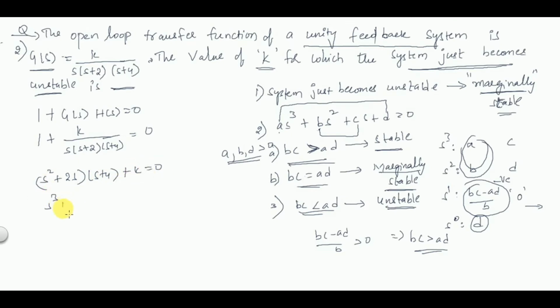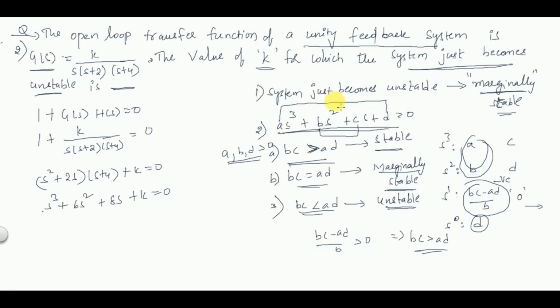So it is s cube plus 4s square plus 2s square is 6s square plus 8s, plus k is equal to 0. Okay, so this is now of this form: as cube plus bs square plus cs plus d is equal to 0.